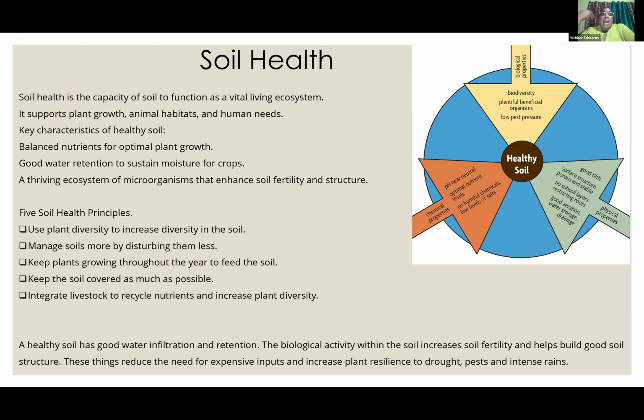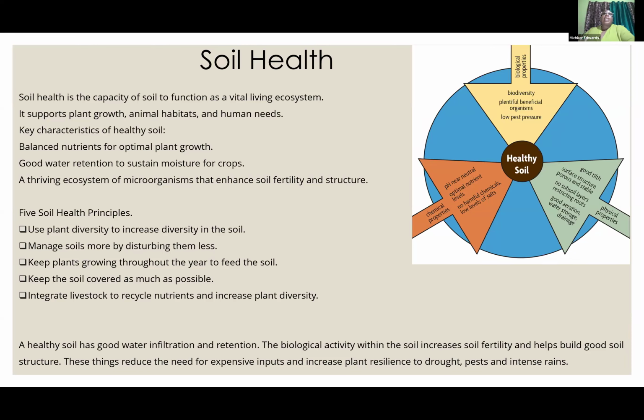So think about our body: we need a balanced meal or the proper nutrients to grow. When you have proper soil health, you'll have good water retention, proper moisture for the crop, and a thriving good ecosystem. And you will see a healthy soil in terms of its soil color and those sort of things.